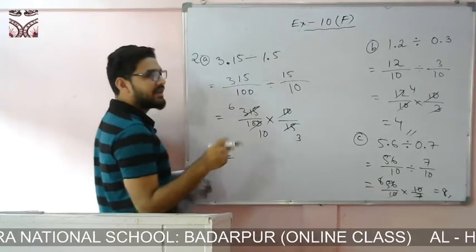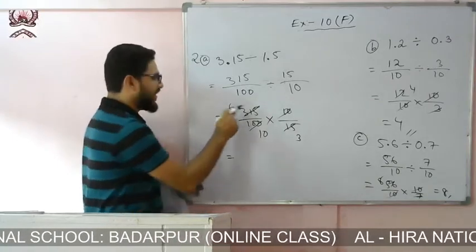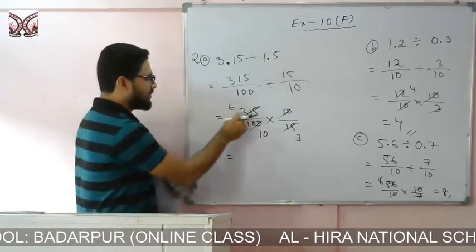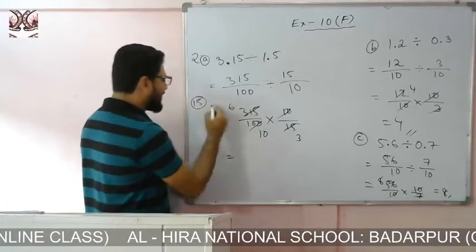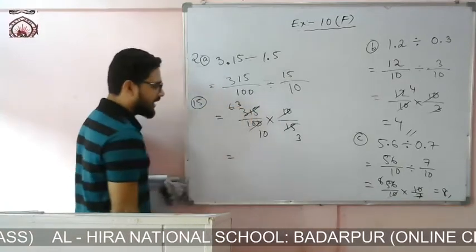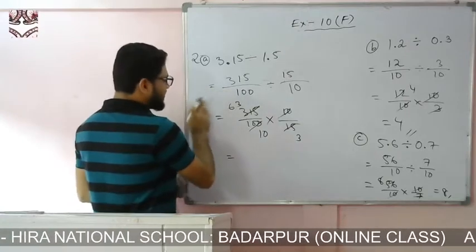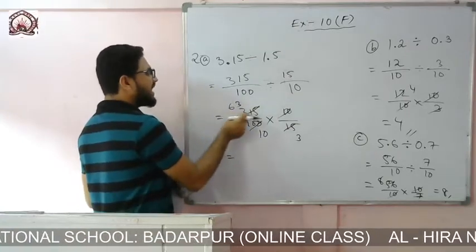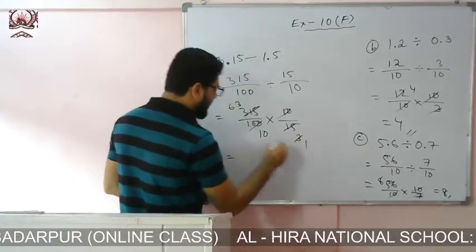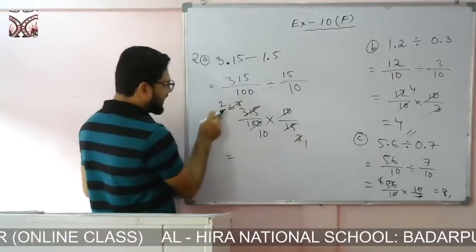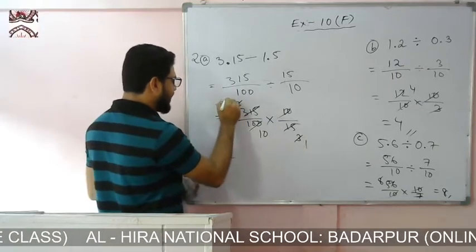Then it will become 15. You don't add it, you just take it near to 5. Then it will become 15. So 15 you can cancel. 5 3s are 15. That means 5 63s are 315. Now again you can cancel with 3. 3 1s are 3. 3 2s are 6. And again 1 remains. So 3 1s are 3.